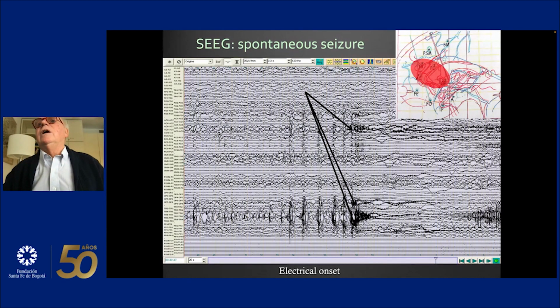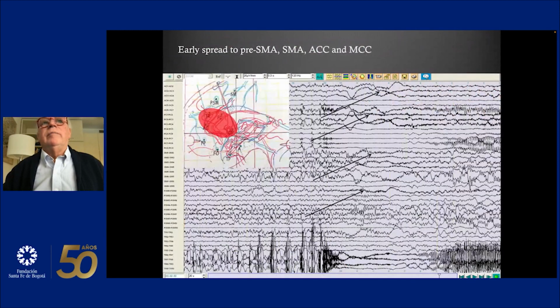In this region, you see the scheme, the electrodes involved in their lateral leads, that it comes from the ventrolateral cortex, but during the behavior, you see it spread to all the mesial cortex of the pre-SMA and the cingulate. That means the early spread is to pre-SMA, SMA, anterior cingulate, and mid-cingulate, and this is correlated, as you see by the bar, with the clinical onset.